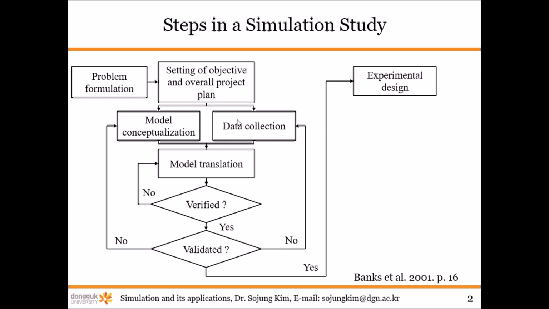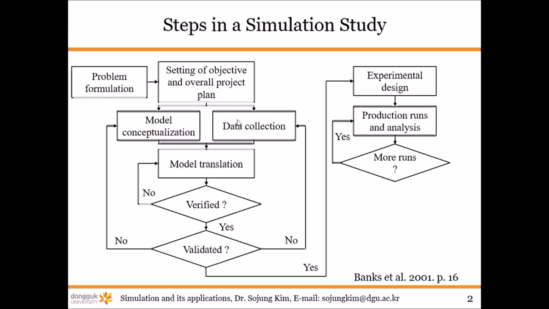So in other words, to find an alternative which can solve the subject problem, right? So definitely you need to design the experiment based on your plan, and then you need to conduct the experiment. In other words, you need to run your simulation, right? And you will get the output of your simulation model, so that you are ready to analyze the result.